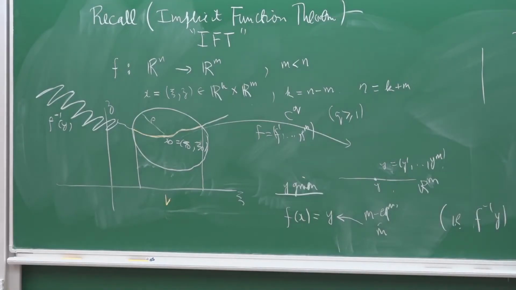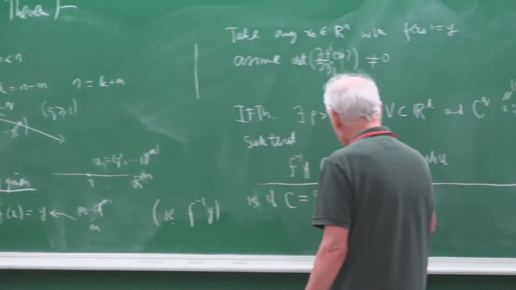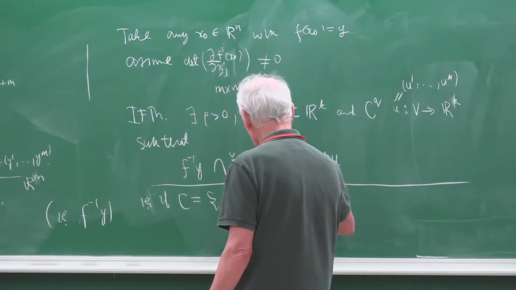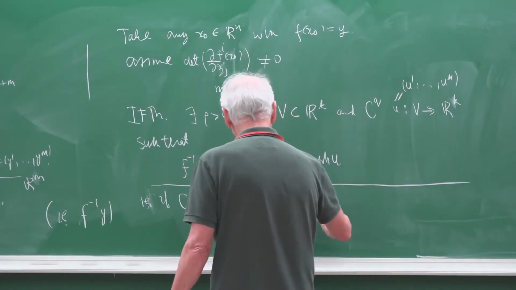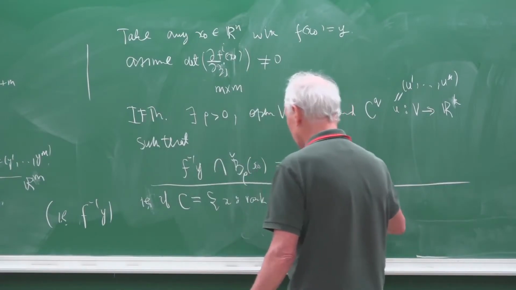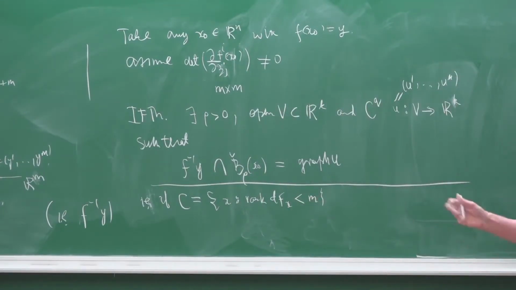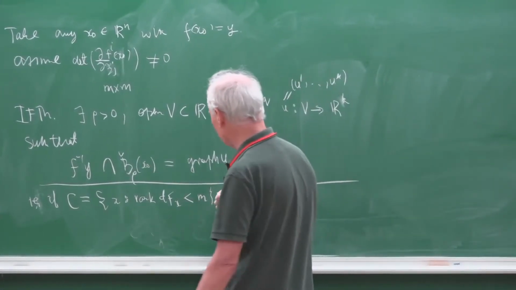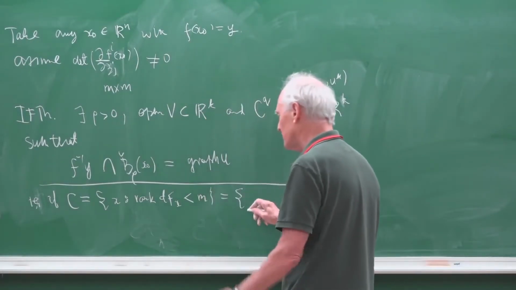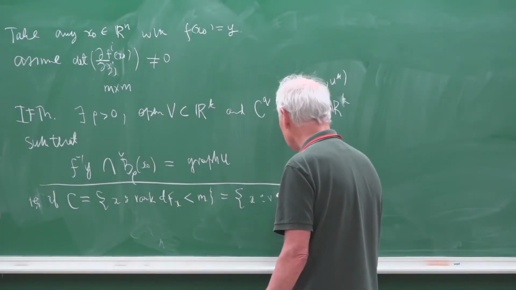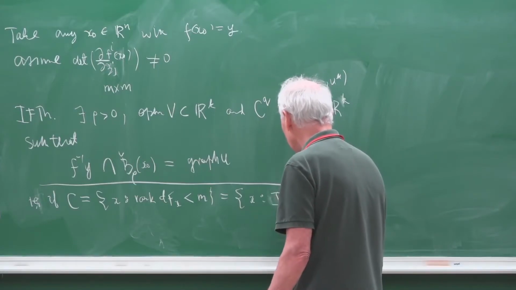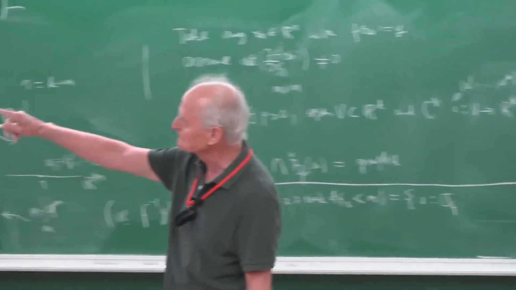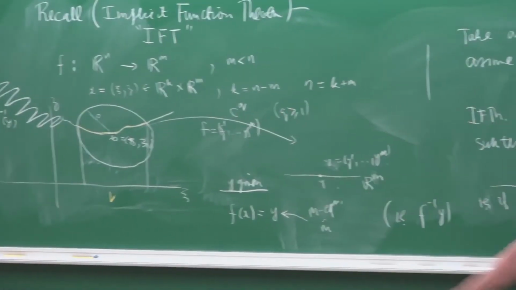So the upshot is, if you let C be the set of x such that the rank of df_x is less than m, that's the so-called critical set where you don't have full rank, so you can't do this anymore. Remember, for us that's exactly the same as saying that this Jacobian quantity that we defined here is equal to 0.